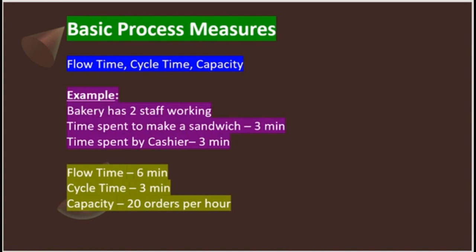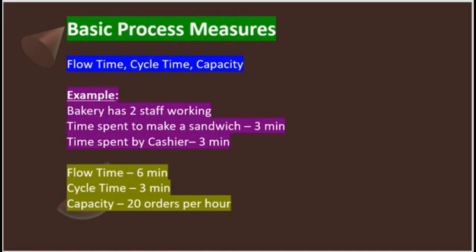Let us take an example of two staff working in a bakery. If one takes 3 minutes for making a sandwich and another takes 3 minutes for billing as cashier, then for the overall time the bakery is taking, flow time is around 6 minutes, that is 3 plus 3, and cycle time is around 3 minutes.